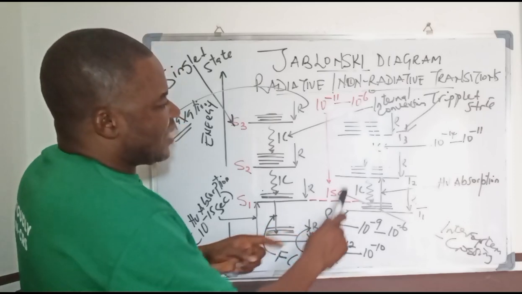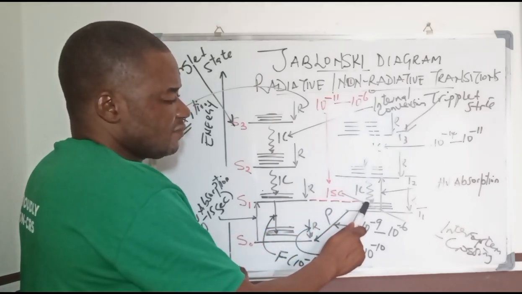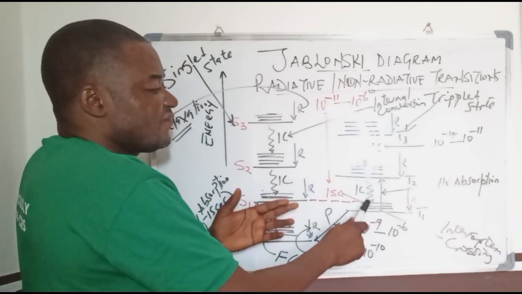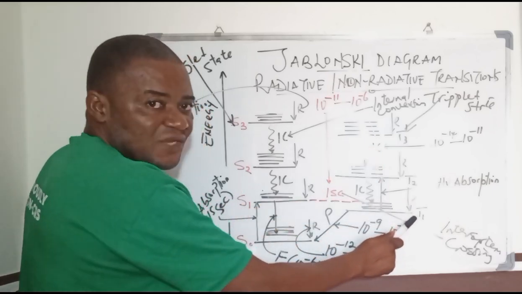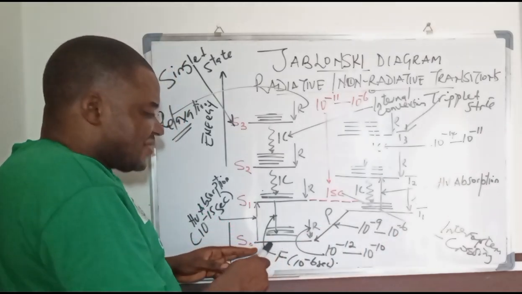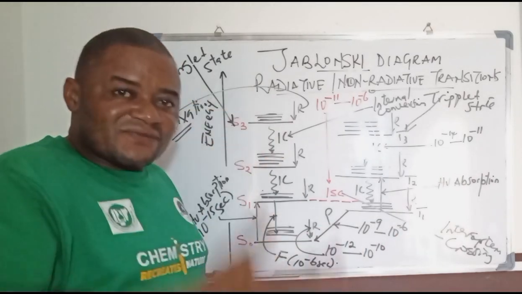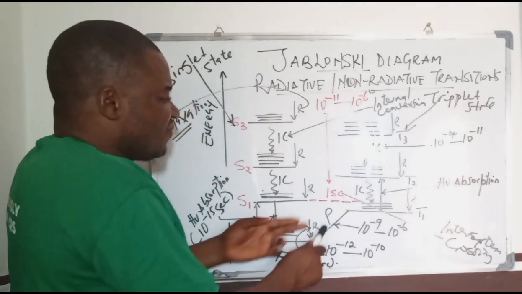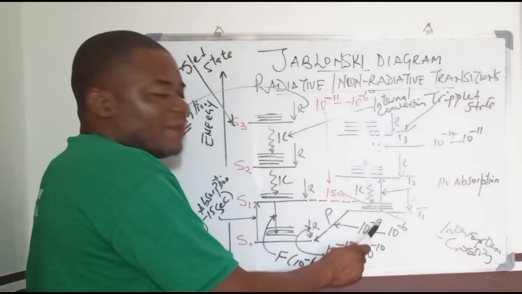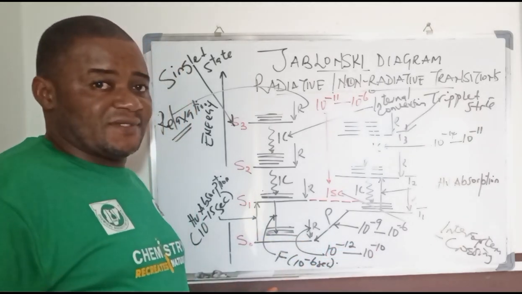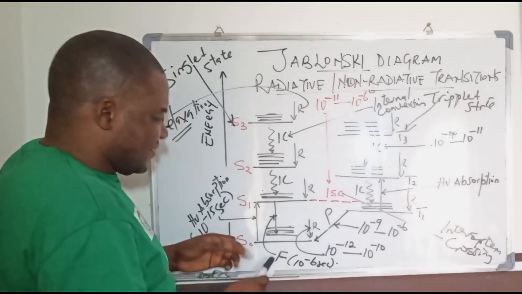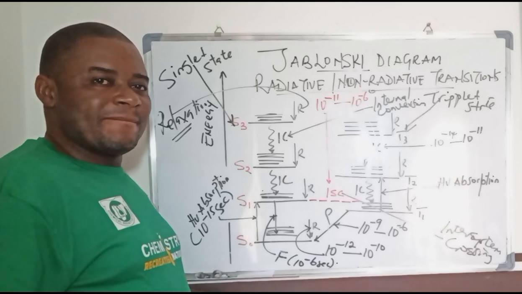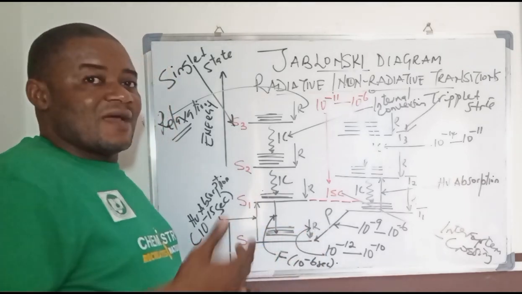And when this particular photon is activated and excited and it loses energy and then chooses to fall, if it falls and decides to cross from T1, which is a triplet state, down to S0 instead, it also emits radiation or light and is called phosphorescence. And usually phosphorescence happens around 10 raised to the power minus 9 to 10 raised to the power minus 6 seconds. But it's not that fast like fluorescence itself. No wonder it's called phosphorescence. So that is how phosphorescence happens.